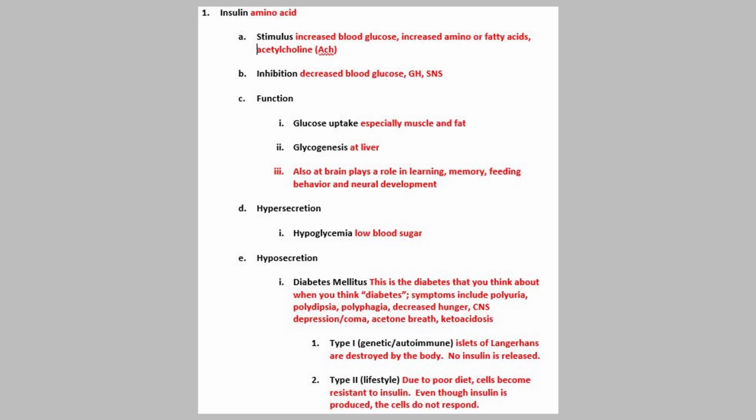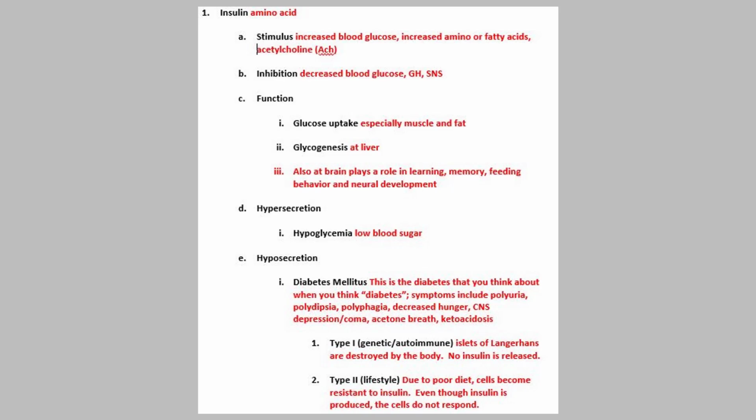So let's talk a little bit about some disorders that we can see with the hormone insulin. We're going to talk about almost all of the hormones, some of the disorders that can happen with them, and we will talk about two classes of disorders. Hypersecretion, what happens if there's too much of this released? Or hyposecretion, what happens if we don't release enough, or if we're releasing it but it's not having an effect.